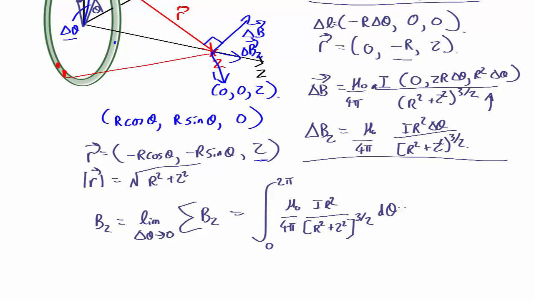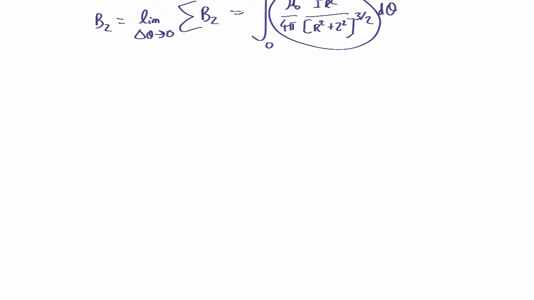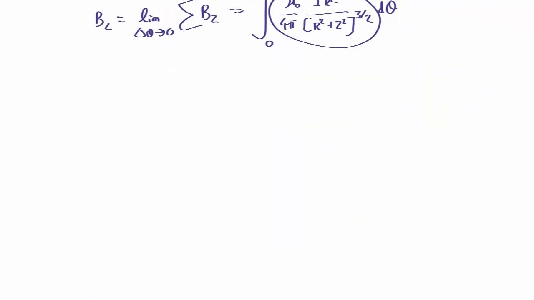Now that's rather an easy integral to do because we're integrating over theta and none of that depends on theta, so that can all just pop out of the integral and we're just integrating d theta from 0 to 2 pi. I hope you can do that. It just comes out as theta from 0 to 2 pi, which is 2 pi.